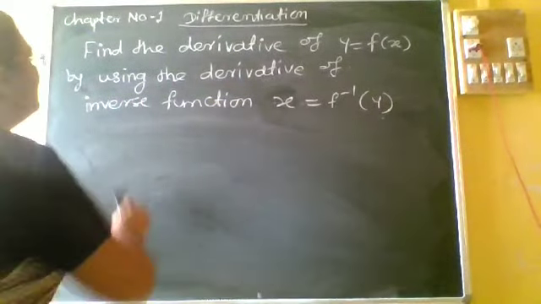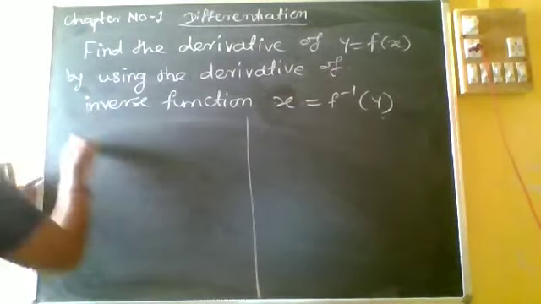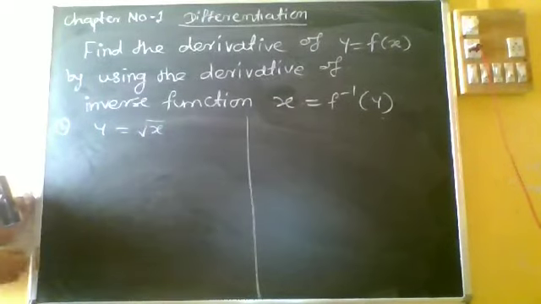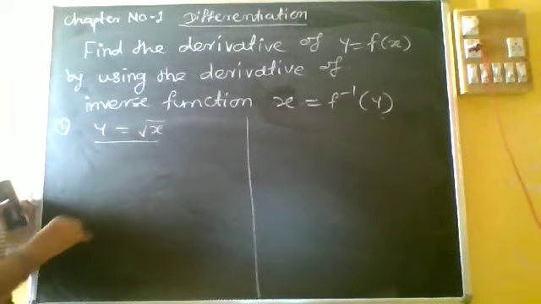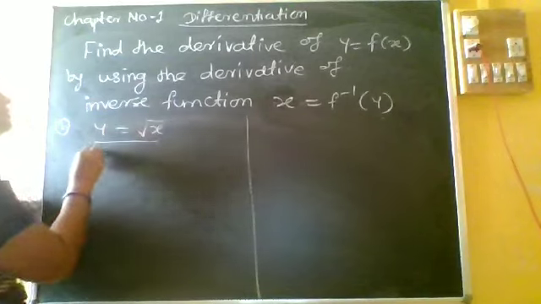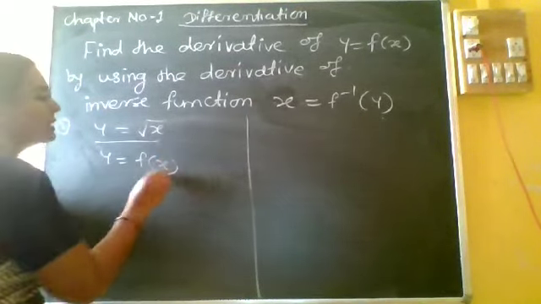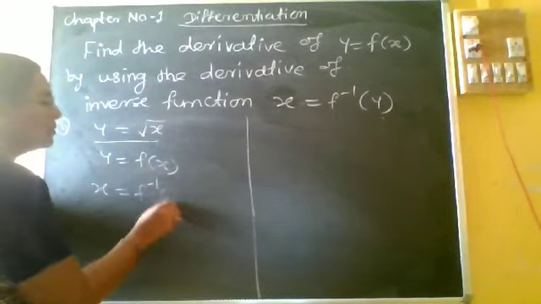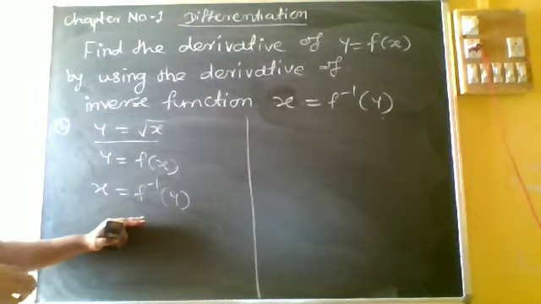Let us go to the examples. Suppose first y is equal to under root of x. First write this function in terms of y. This is given as y is equal to f of x, and this x can be written in the form of inverse function, that is x is equal to f inverse of y.